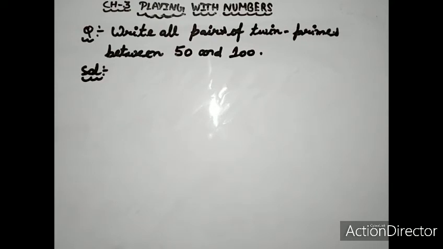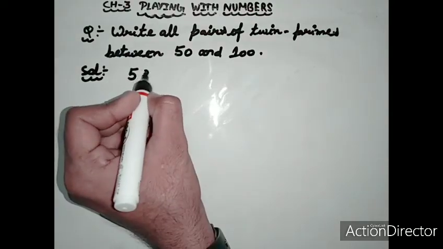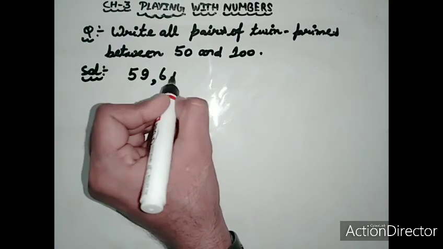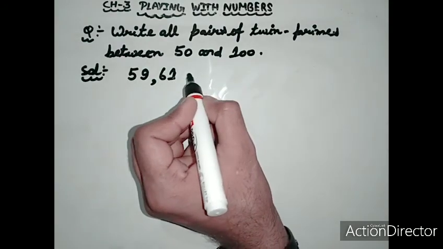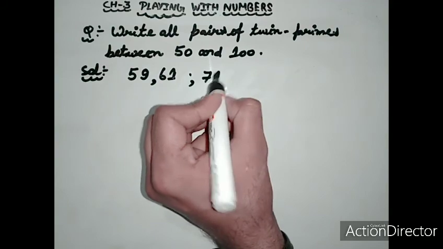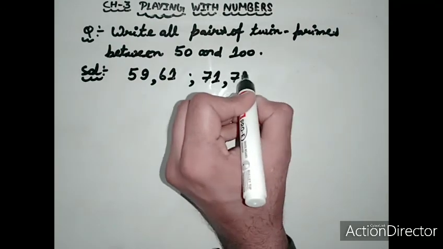So here we check again the chart of composite and prime numbers, and check which numbers have one composite number between them: 59 and 61, and 71 and 73.